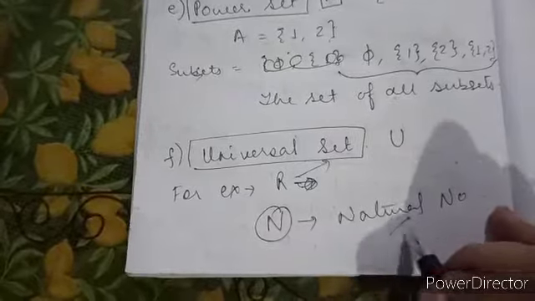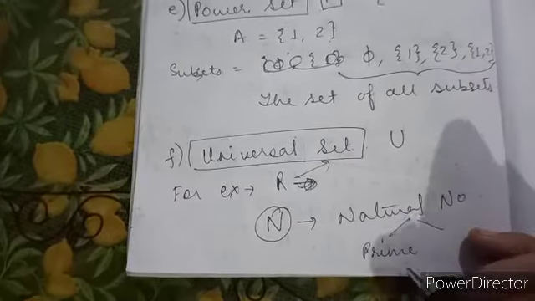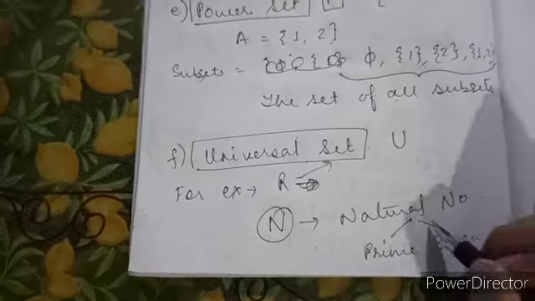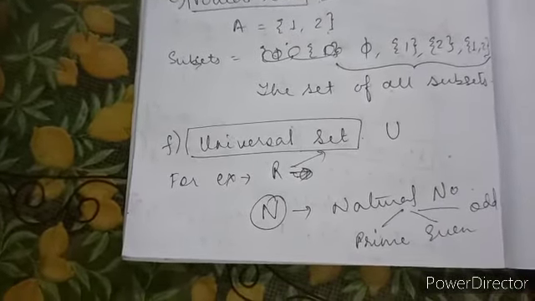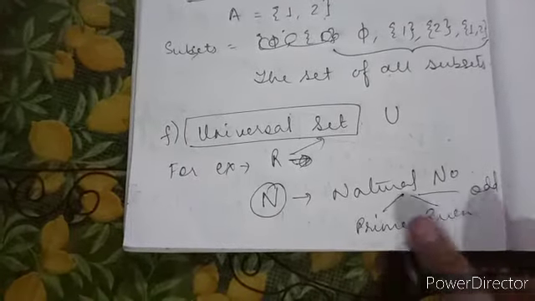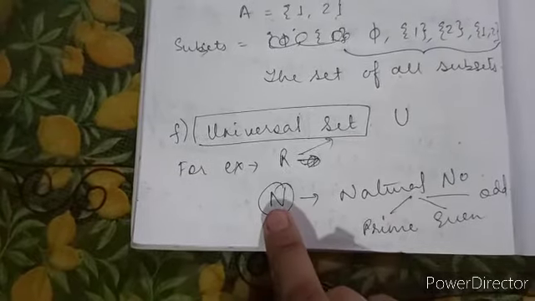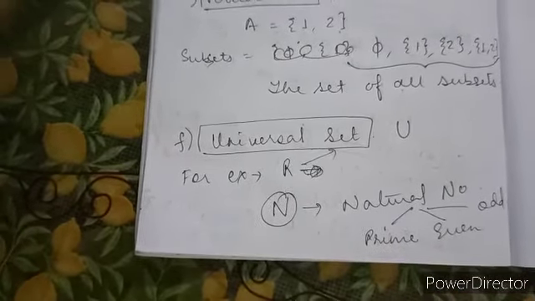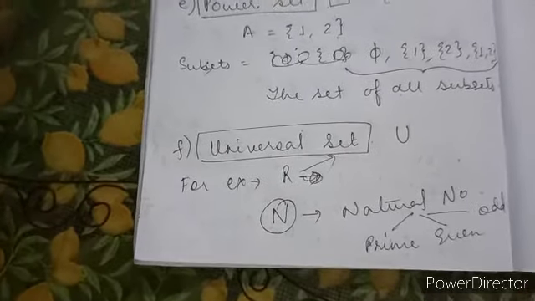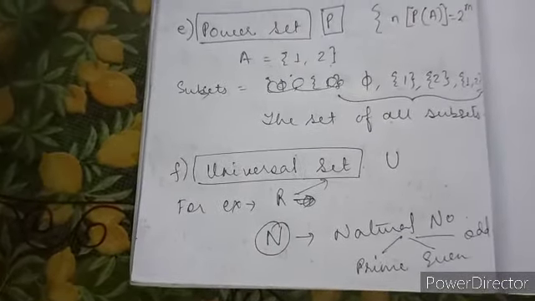And inside the natural numbers, there may be prime numbers, even numbers, and odd numbers. So these are parts of the natural numbers. Then the natural numbers act as the universal set for all the prime numbers, even numbers and odd numbers. So these are the 6 different types of sets that you have to learn.